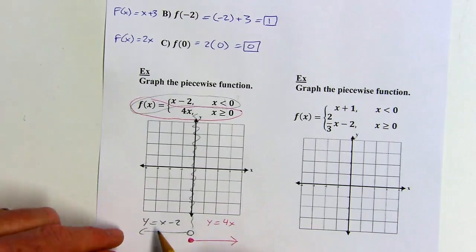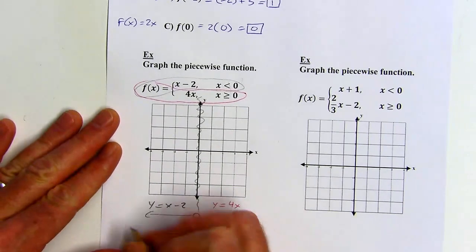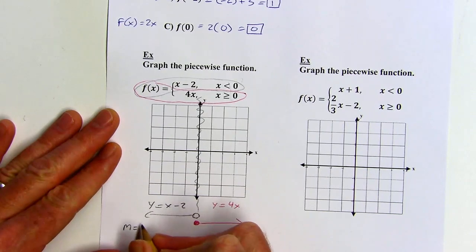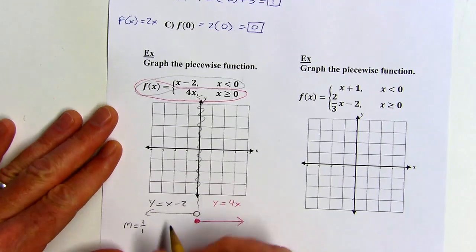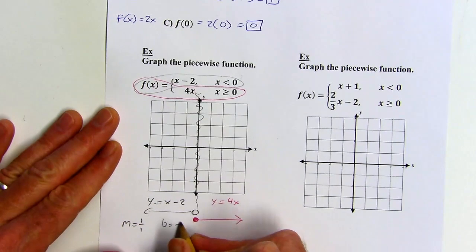Now looking at y equals x minus 2, my y-intercept would be -2 and my slope would be 1, or 1 over 1 for rise over run. That's in slope-intercept form.